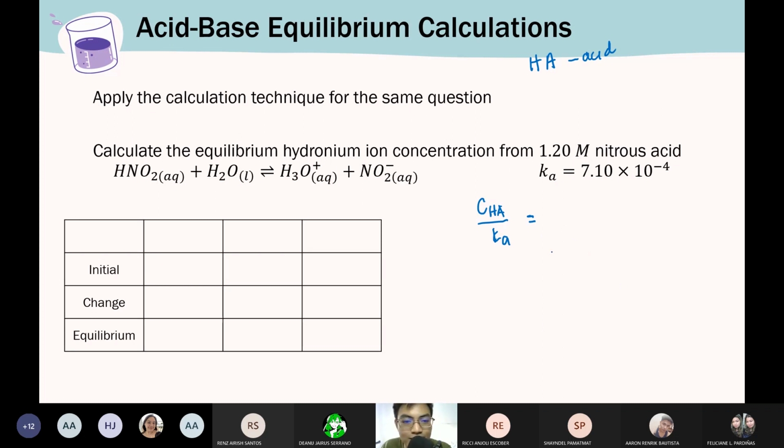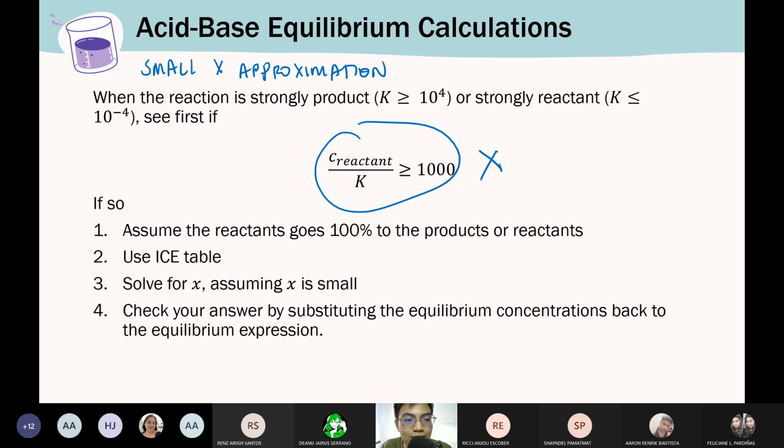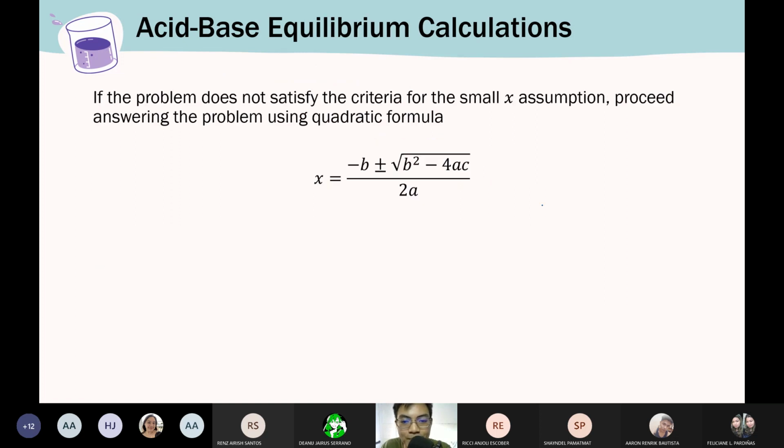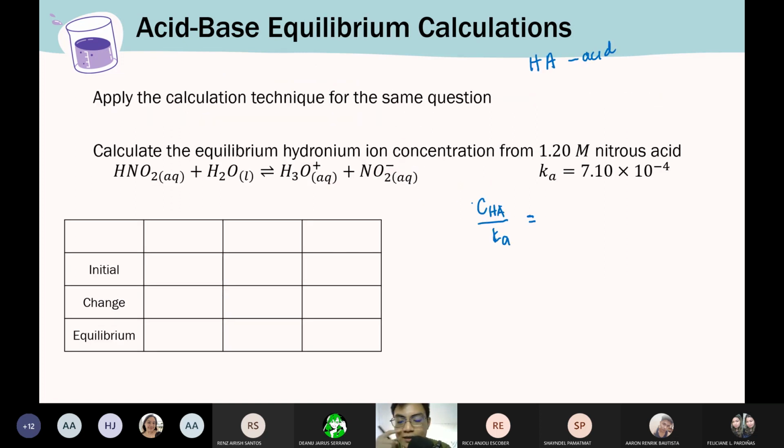Ay, ulit ng concept. Ito. Again, bago tayo tumuloy. Divide mo muna yung concentration ng reactant by K. If greater than 1,000, then follow nyo yung gagawin ko. Okay? So ito, going back to the same problem, di-divide ko yung concentration ng acid kay Ka. Titignan ko kung pwede gamitin yung technique na ituturo ko sa inyo. Okay? So, di-divide ko si concentration of acid, si Cha, okay?